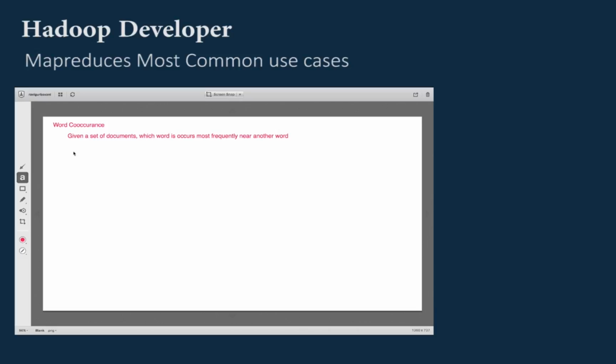Given a set of documents, which word occurs most frequently near another word?